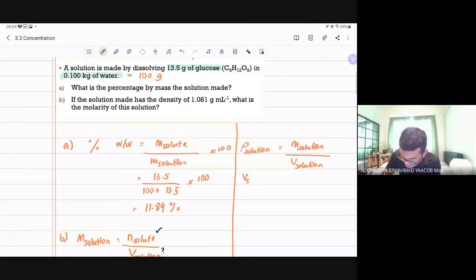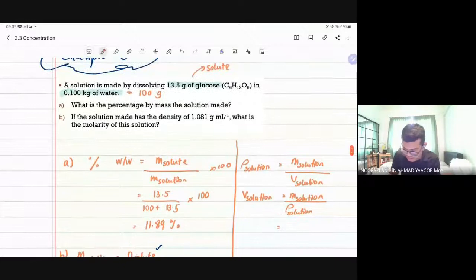So, nak cari volume of solution sama dengan mass solution bagi density. Sama dengan mass dia, kita tahu mass of solution adalah 113.5.